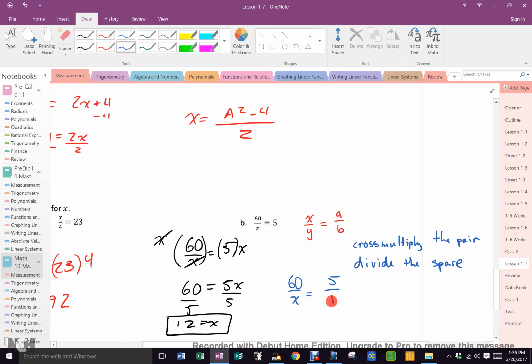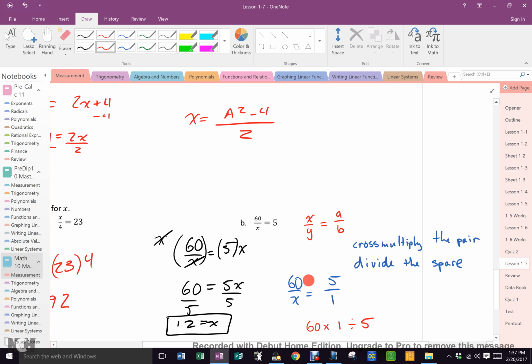Where is there a pair that is crossed? 60 and 1. There's a pair. So I multiply that. On my calculator, all I do is 60 times 1 divided by 5. And that will work no matter what.